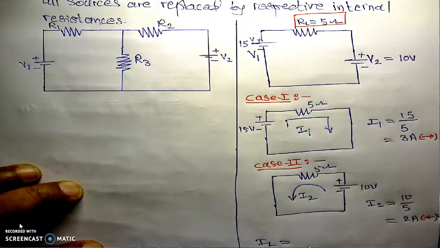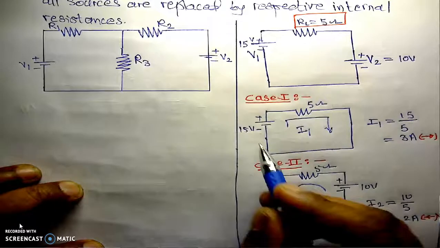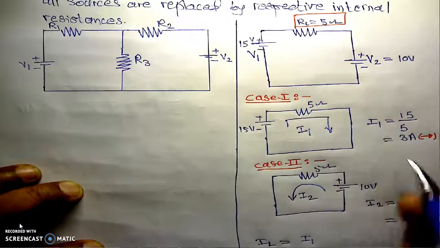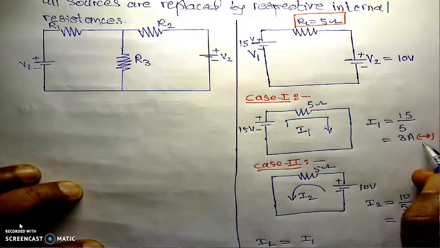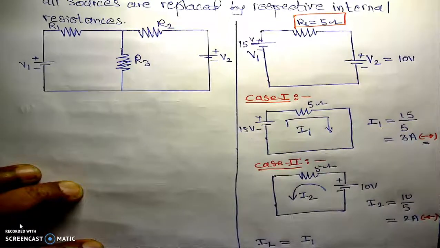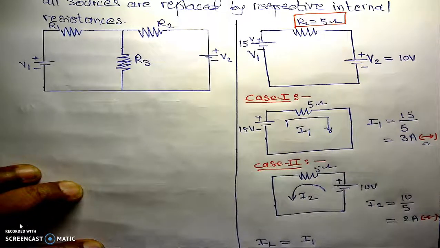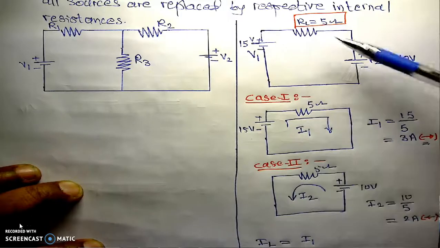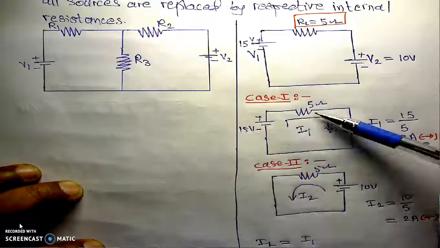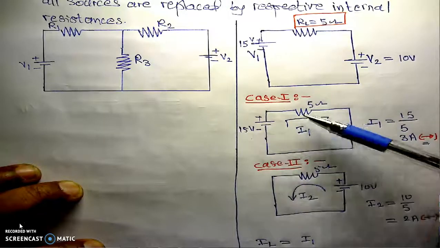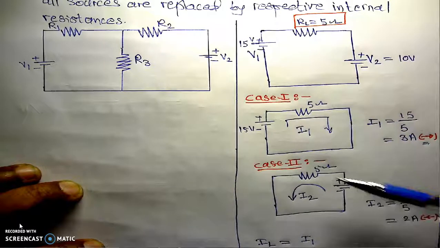In case 1 we have considered the 15 volt source and we have calculated its current I1, which is forward, and I am assuming this current as positive. That's why I1 is positive. Similarly, algebraic summation means summation with polarity. It means current in the 5 ohm resistance is due to this source and the current due to the 10 volt source.